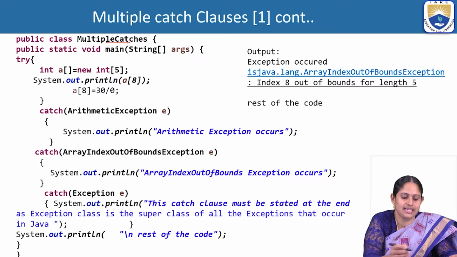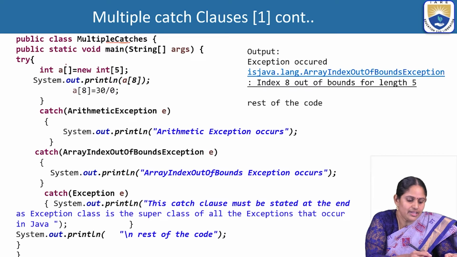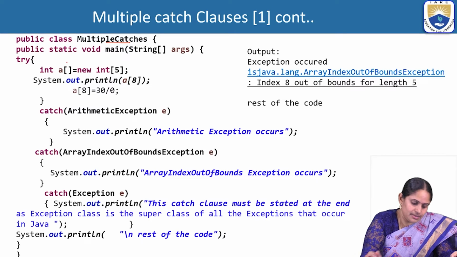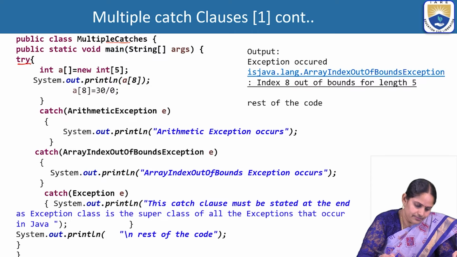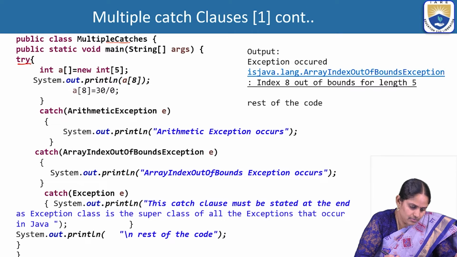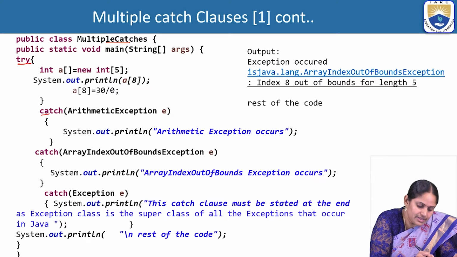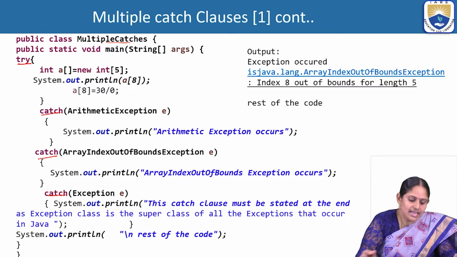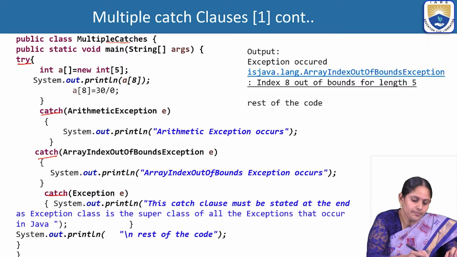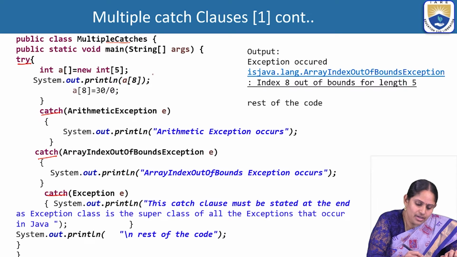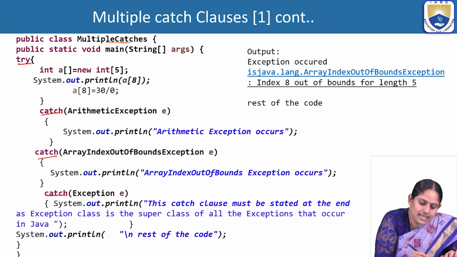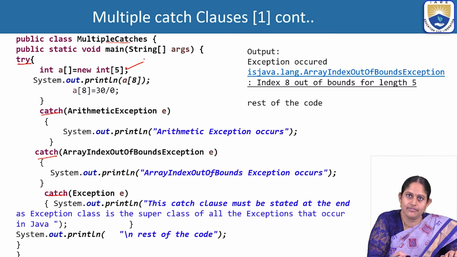We have a class named multiple catches, wherein we have one try block and three catch statements. Here we are creating an array of size 5, which can store 5 integers.